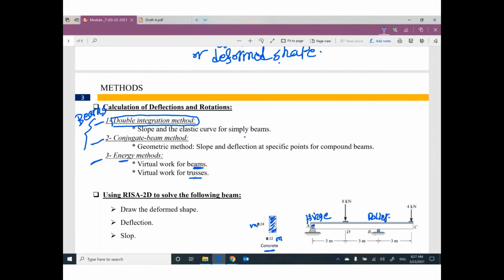I would like to model this beam on RISA. Just a reminder, I will assume my origin is here. Here is the x-axis, here is the y-axis. I will put coordinates at 0, 0, at 3, 0, at 6, 0, at 9, 0. Do you agree? Let's see.